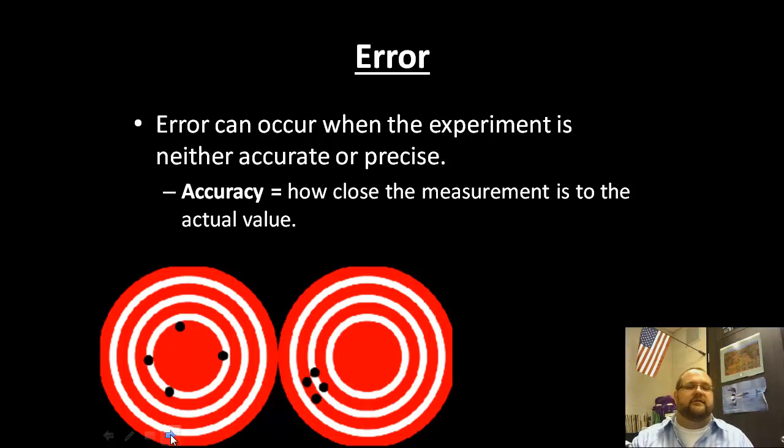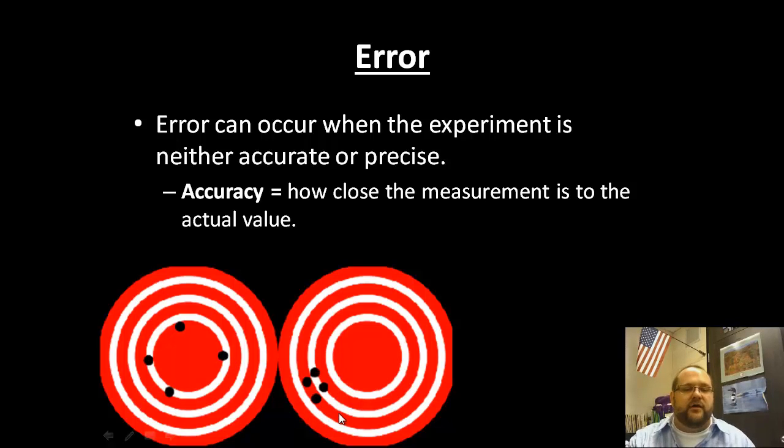So, for instance, if we look at this left bullseye here, we have a whole bunch of bullet holes, and they are fairly close to the center of the circle. So those bullet holes are accurate. Okay?